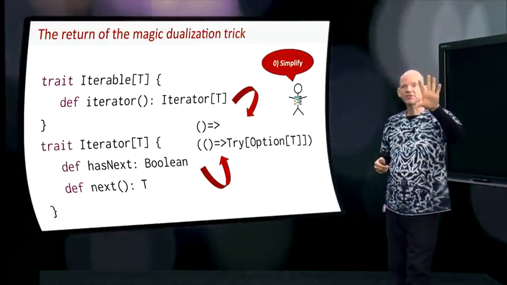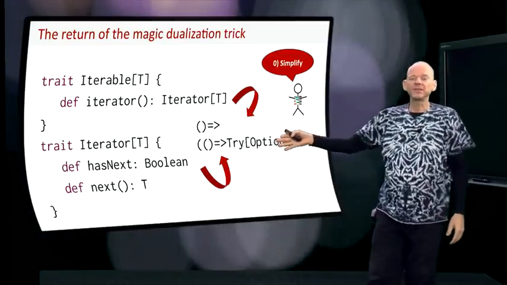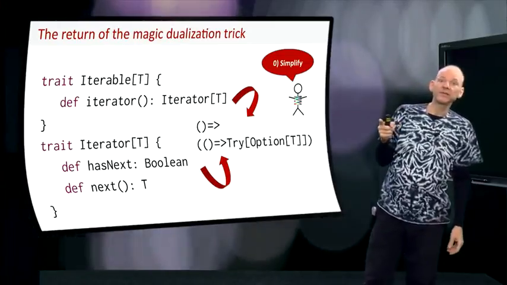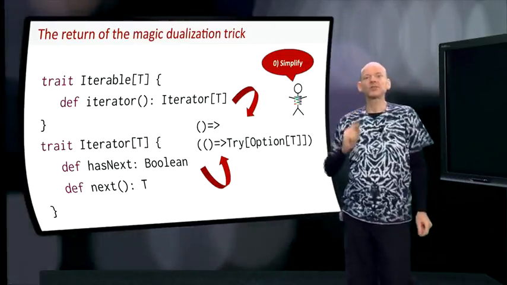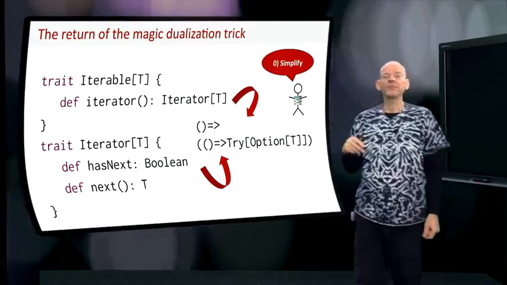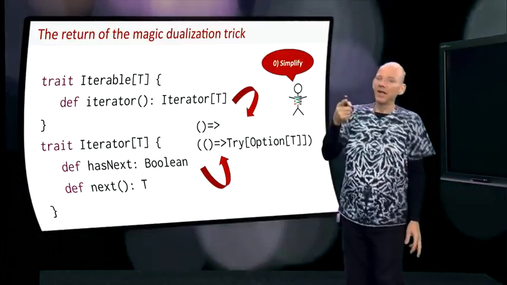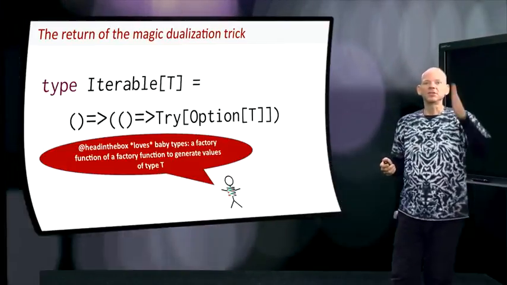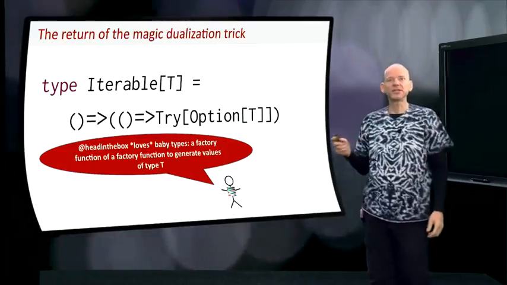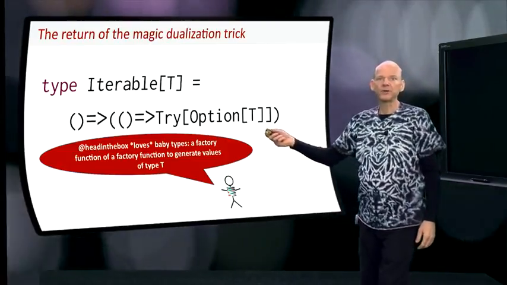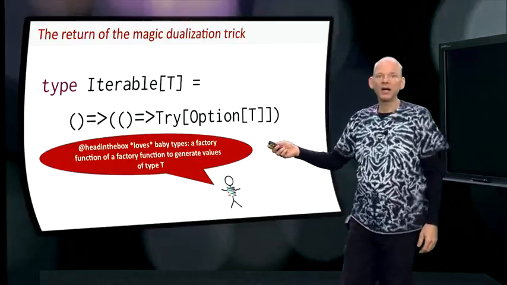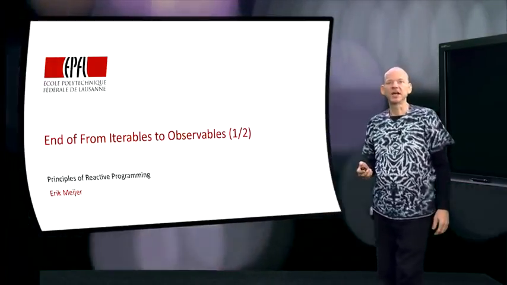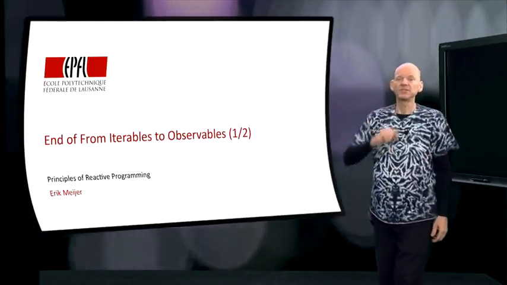Given these two things, we have simplified it into something that only has arrows. And the reason I wanted to simplify it this way is that I'm going to use the magic trick of dualization, and that means I have to reverse the arrows. And now I have my type in a shape that only has arrows. So here we go, iterable, unit arrow try of option of T. And now we're going to go and switch the arrows around. See you after the break.